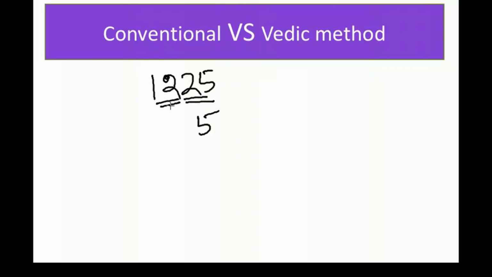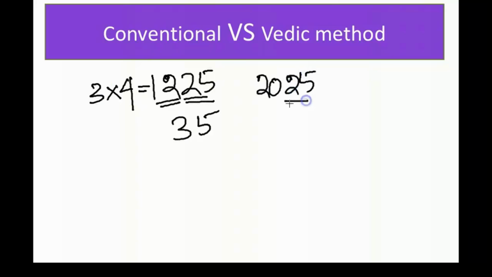So however much time it takes to multiply 12 into 13, that much time it will take. Applying your previous technique, 12 is 2 more than 10, and 13 is 3 more than 10. So 12 plus 3 is equal to 15, and 2 times 3 is 6, so 156. So the answer is 15,625. That's it.